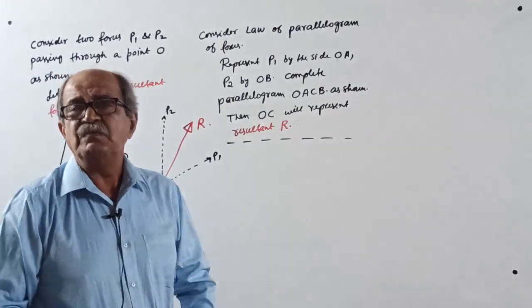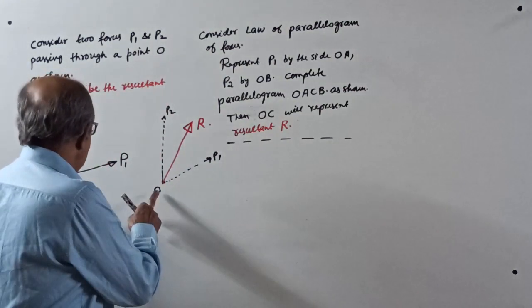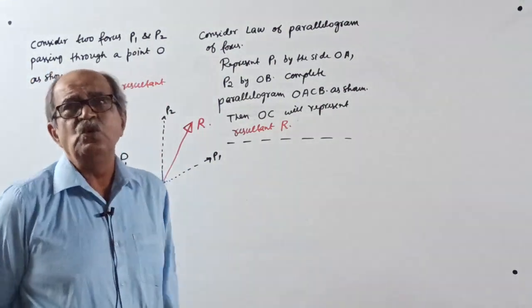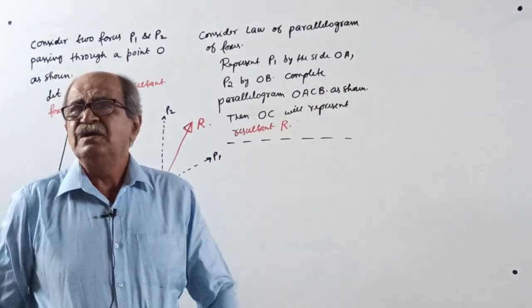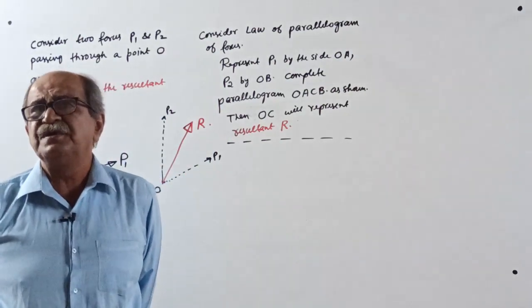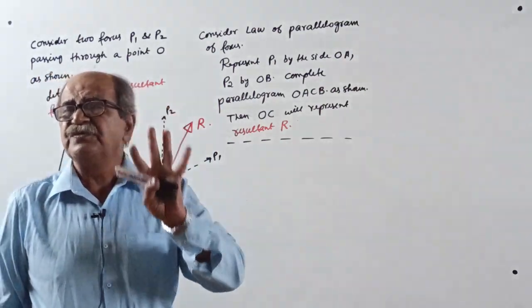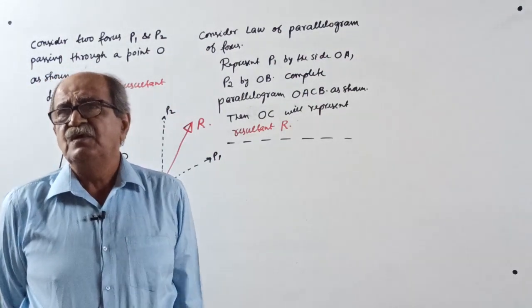Now, again a doubt will come. He is proving considering a concurrent force system, that too only two forces, but he is applying it for a general coplanar force system, or even a concurrent force system with any number of forces. Why?